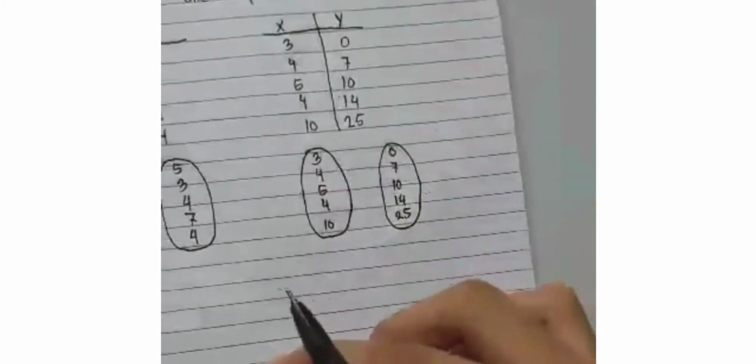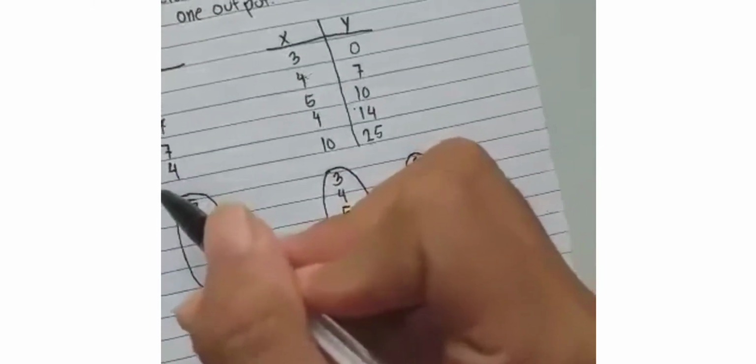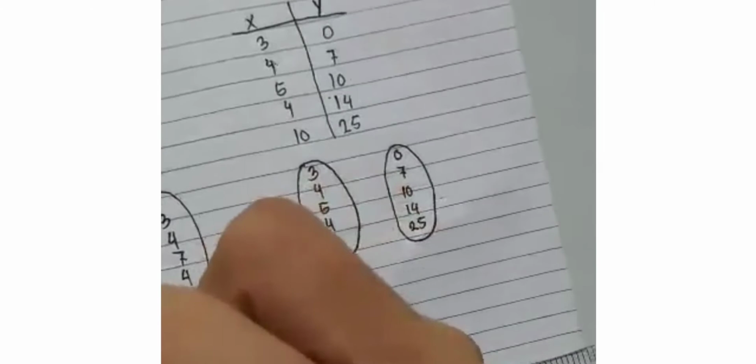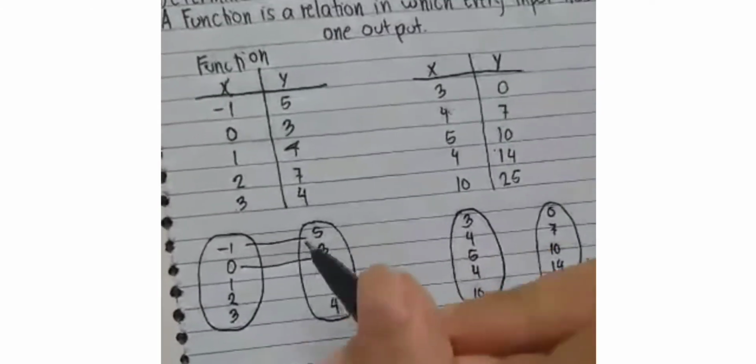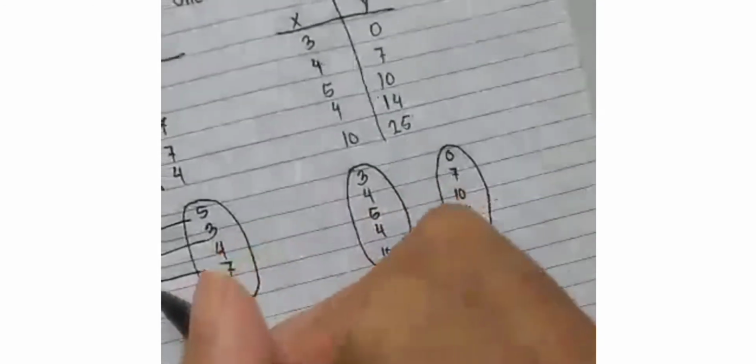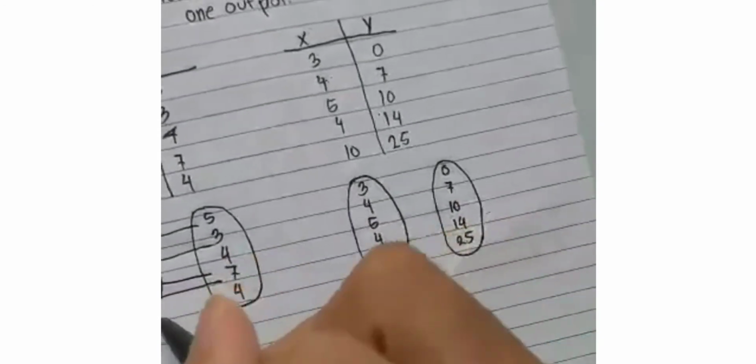But we also map it to illustrate better. So again, we'll put all the inputs in the domain here, and then we'll put the elements in the range here. So notice that all x values have one corresponding y value, and that's the reason why it is a function.